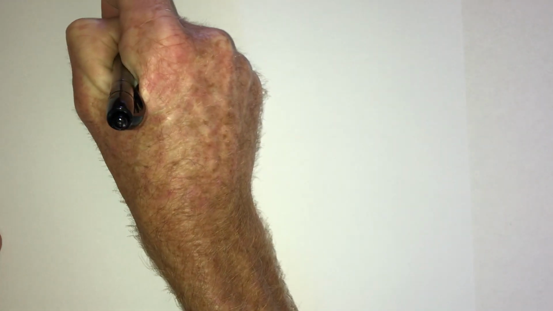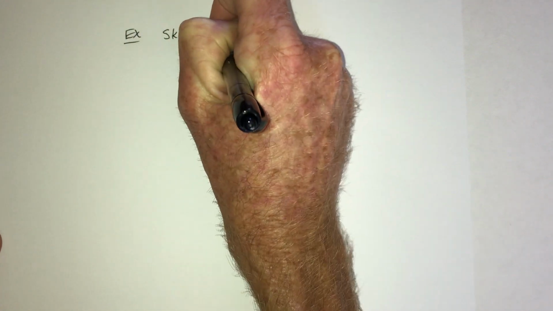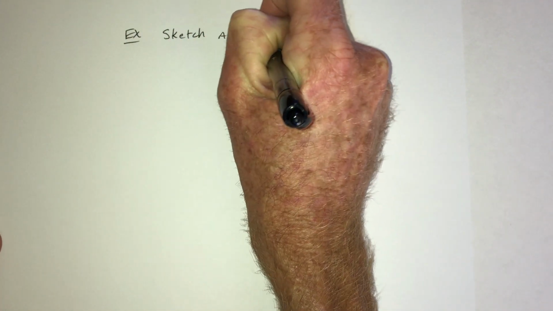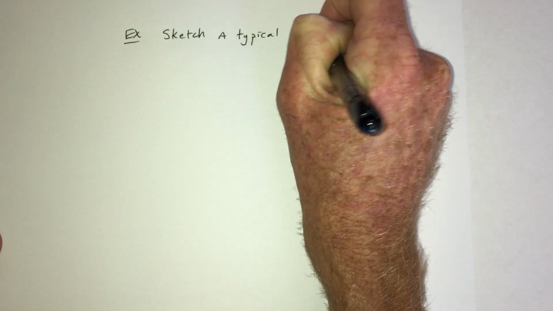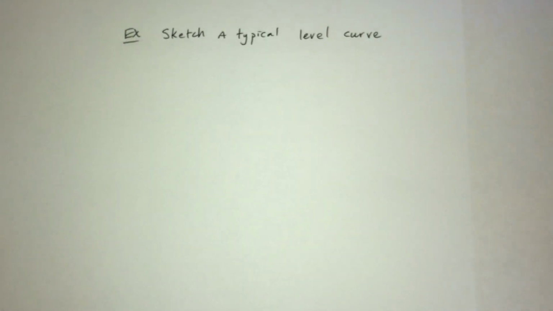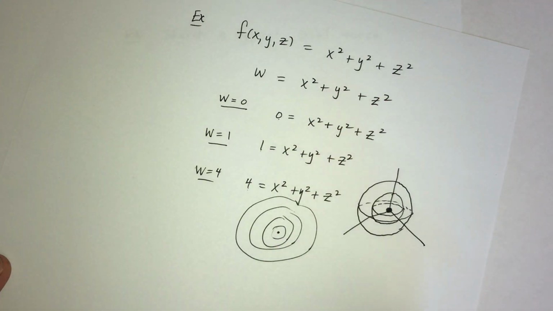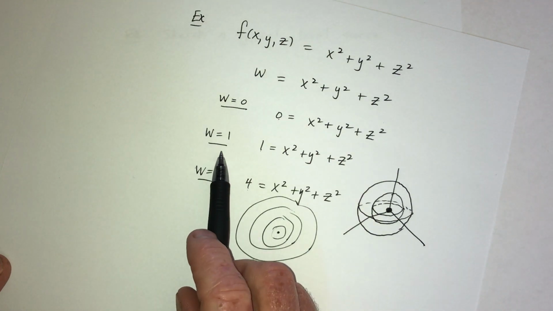Then I looked at the homework and they word it like this. Sketch a typical level curve. And basically what they're saying is, you did this 3 times, which was nice, but you really just need to do it once.